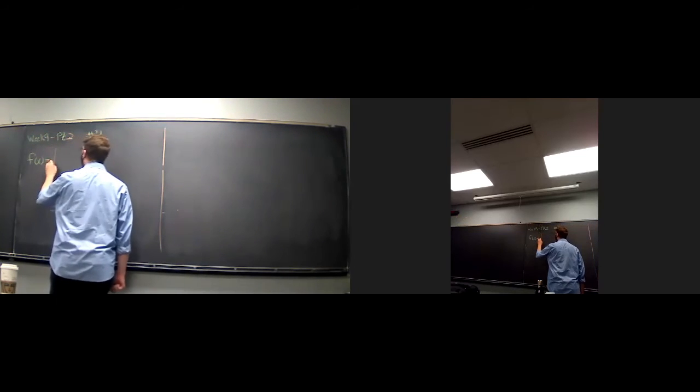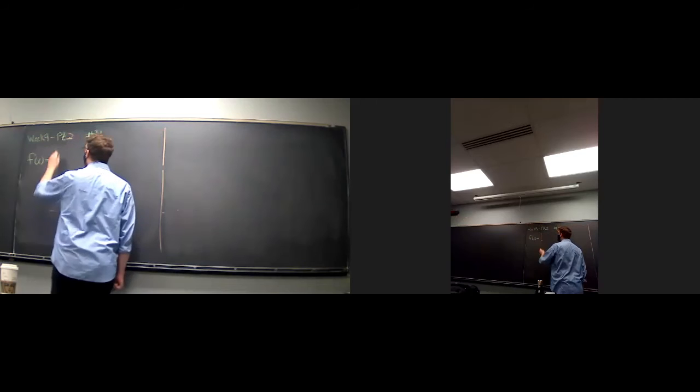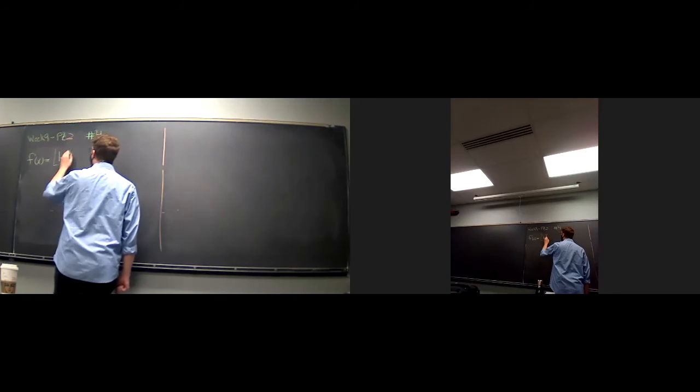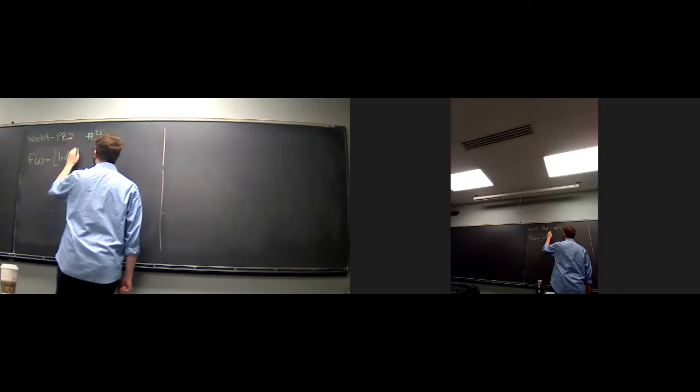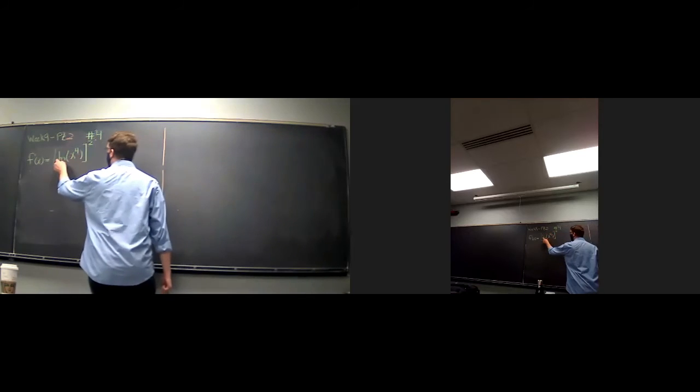So this next one is going to be number 4, and it is the ln of x to the 4th, all of this raised to the 2nd power. Now notice right away, we can pull out this 4, right?